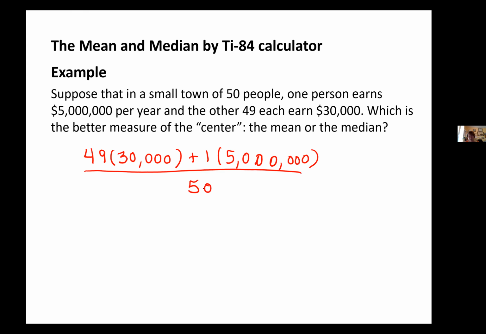So we can calculate the mean of this. And this is a fairly simple calculation. And I get 129,000.